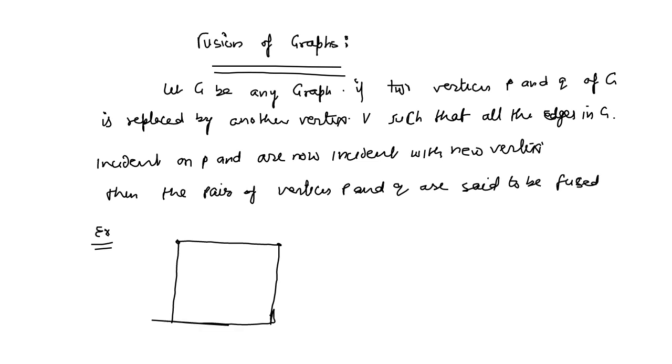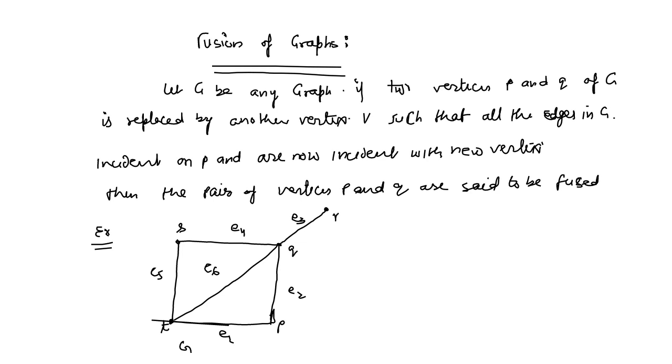This is a graph G. The vertices we define as P, Q, R, S, and T. The edges are defined as E1, E2, E3, E4, E5, and E6. So this is the graph G.